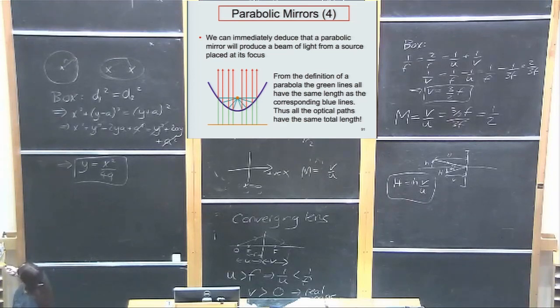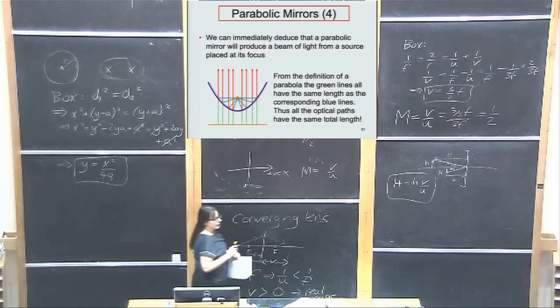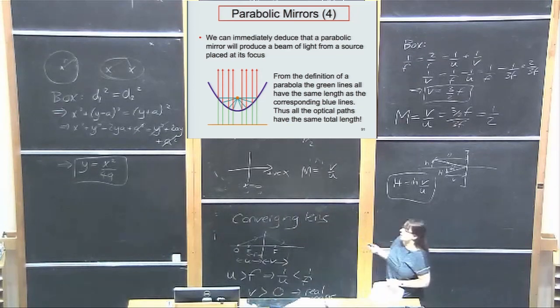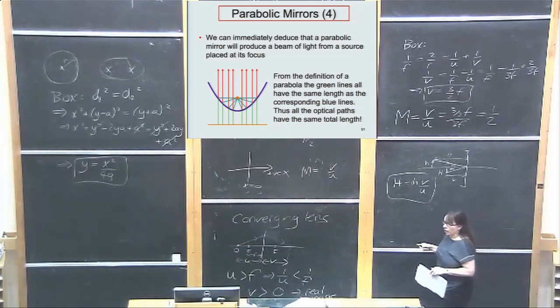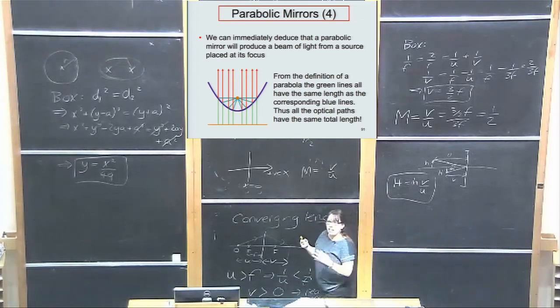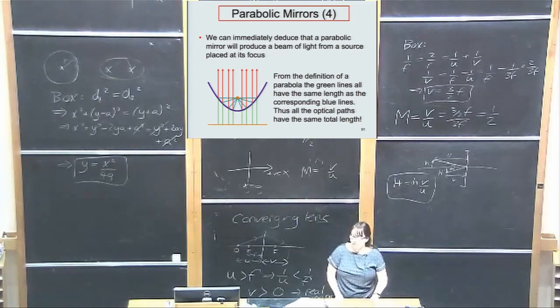And so what that is telling us is that all of these light blue lines are the same length as the green lines, and therefore all of these lines, starting from the directrix, going up to the top of the red arrows, are exactly the same length, meaning that a point source here will indeed form plane waves, right? So that's where we're going to stop now, having convinced ourselves that a parabola is the right shape to produce a parallel beam of light, and then next time I'll start with proving why our circular, spherical mirror approximation is still giving that answer.